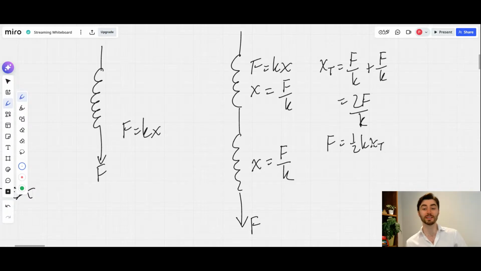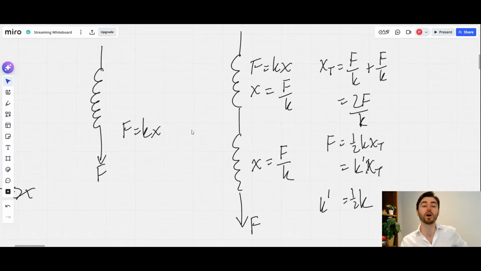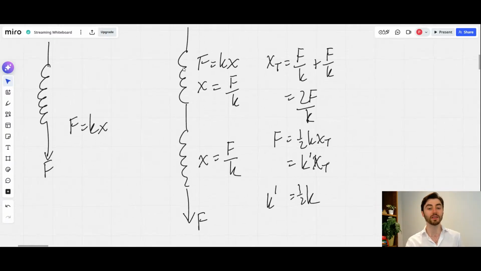So in other words, this is the equivalent of a single spring of spring constant a half k. So when we add two springs in series, the effective spring constant is halved. In a way, it's almost like adding resistors in parallel, where adding these two in series makes the overall stiffness reduced.